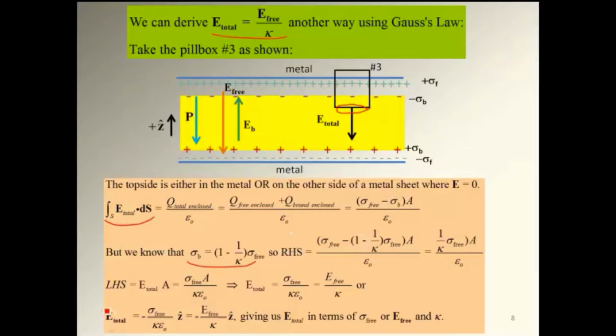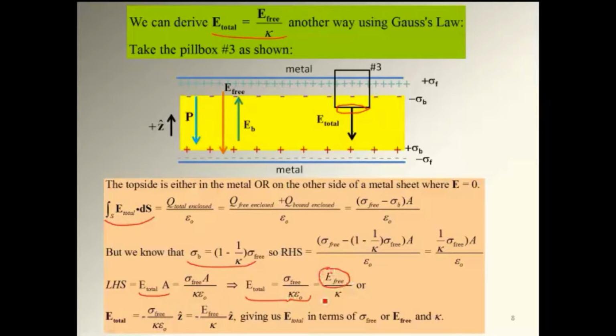The left hand side, we go back and do our tricks of normal E field. E is constant on the surface S, and so we're left with E total times A is equal to the right hand side. If we simplify that, you can see that it's sigma free times A divided by kappa epsilon naught. I'll cancel the A's, and we get E total in terms of the free charge density. But then remember that sigma free over epsilon naught is E free right here.